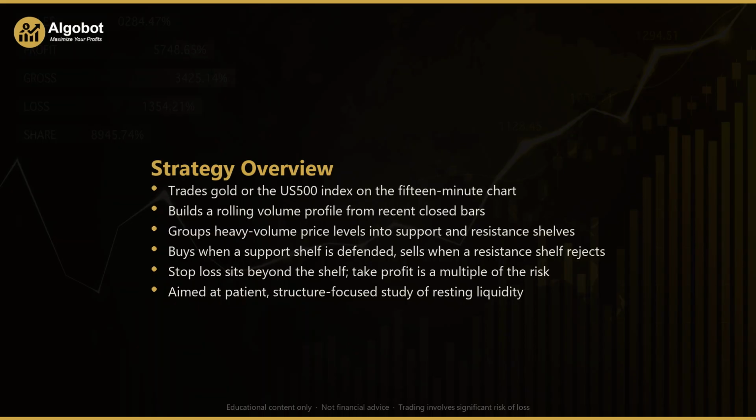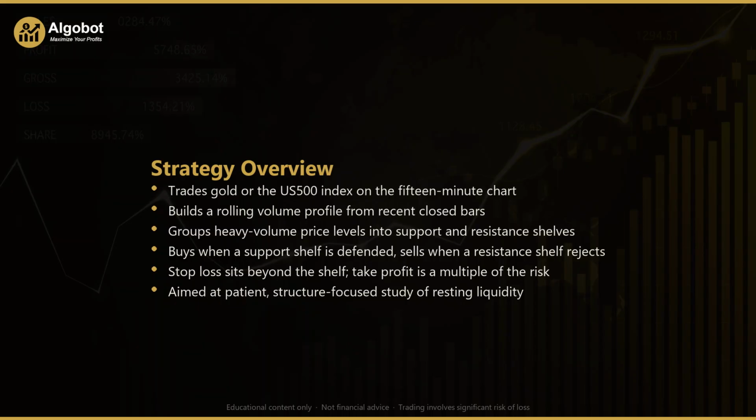To find these shelves, the expert advisor rolls a volume profile over a window of recent closed bars. It slices the price range into a set of equal buckets and adds each bar's tick volume into every bucket its range touches. Buckets that carry a high fraction of the busiest bucket are treated as high-volume nodes, and contiguous high-volume nodes are fused together into a single shelf.